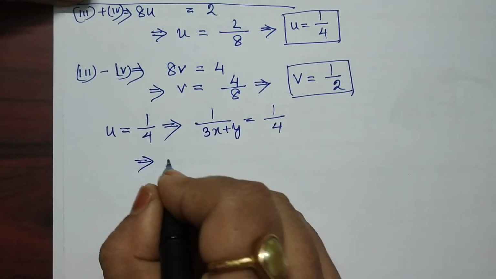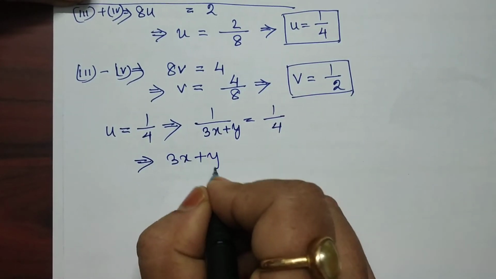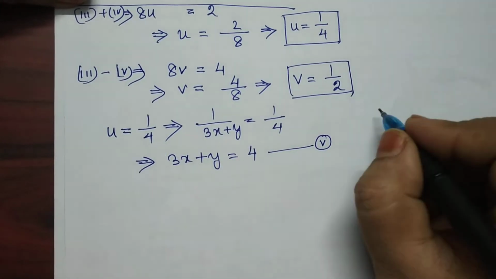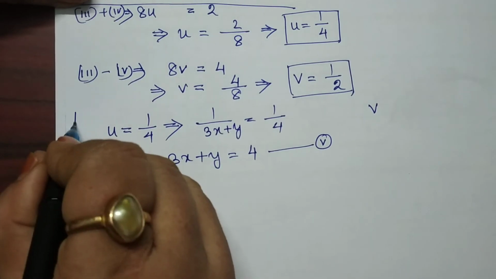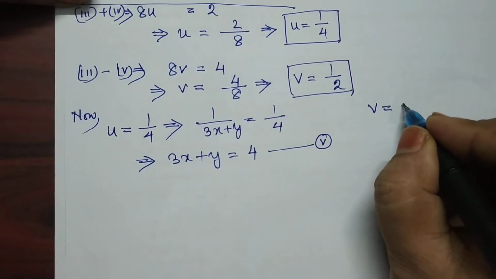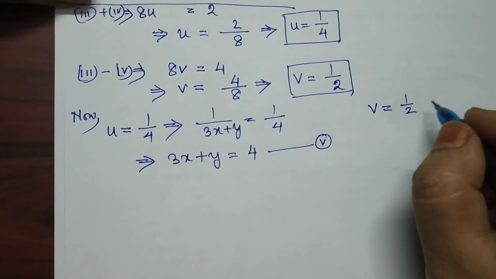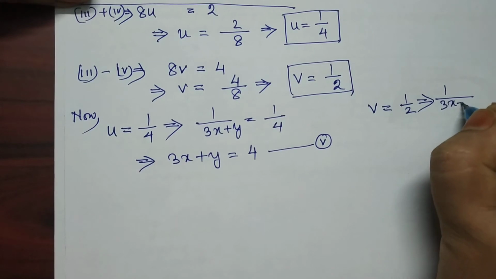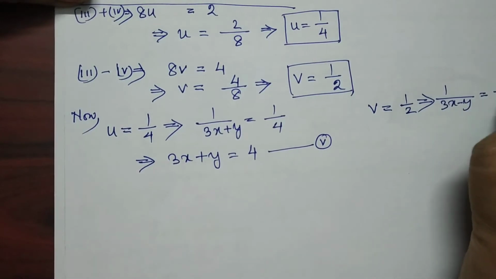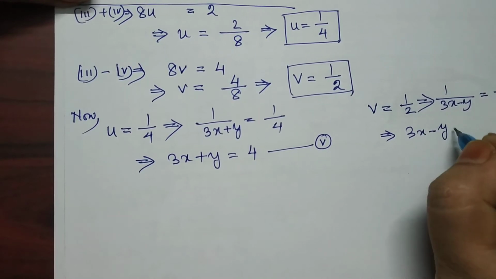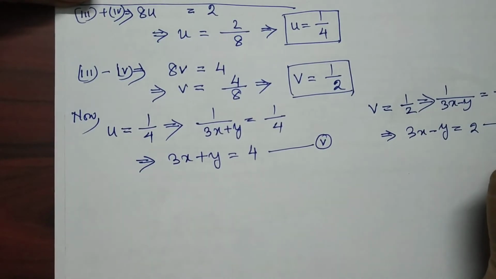This means 3x plus y equal to 4. This is equation number 5. Again v equal to 1 by 2 means 1 by (3x minus y) equal to 1 by 2. This implies 3x minus y equal to 2. This is equation number 6.